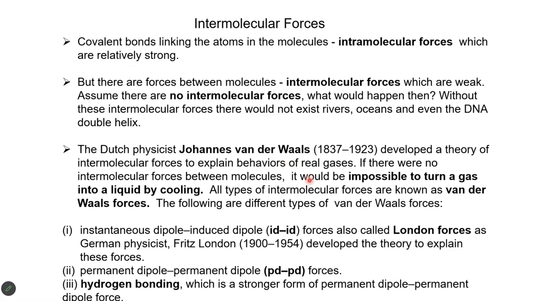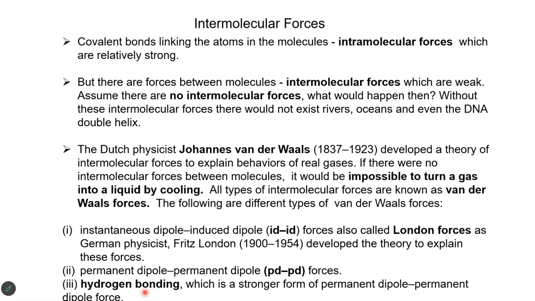So the following are the different types of intermolecular forces. One is instantaneous dipole and induced dipole forces, which are also called London forces, as German physicist Fritz London developed a theory to explain these forces. We also have permanent dipole and permanent dipole forces.